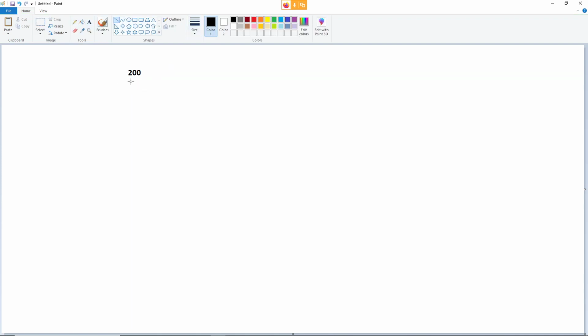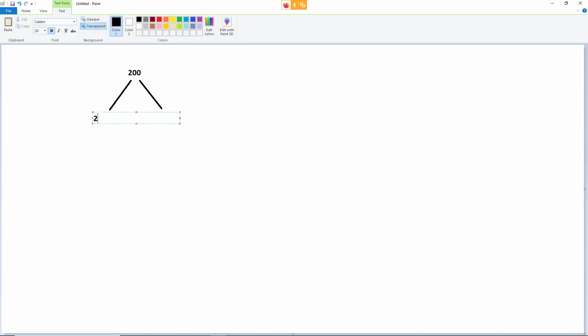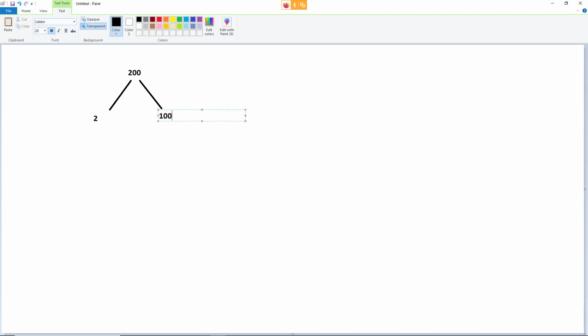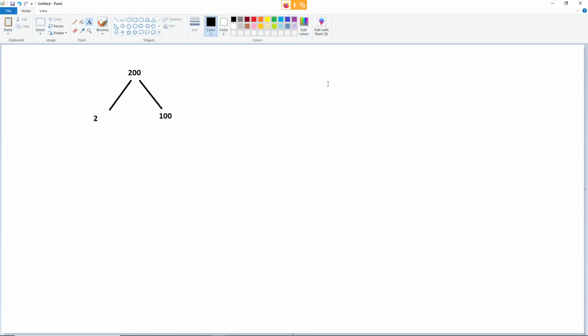Here's the deal. I can break this guy into two numbers because it's a composite number. Which two numbers is up to you. I would say 2 times 100, because 2 times 100 is 200, right?